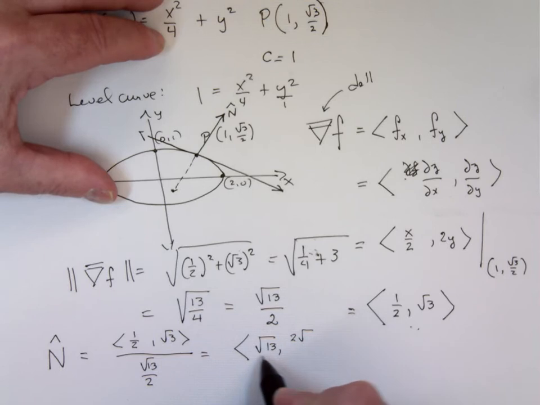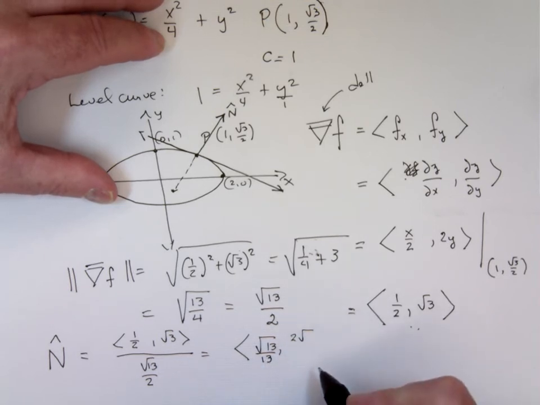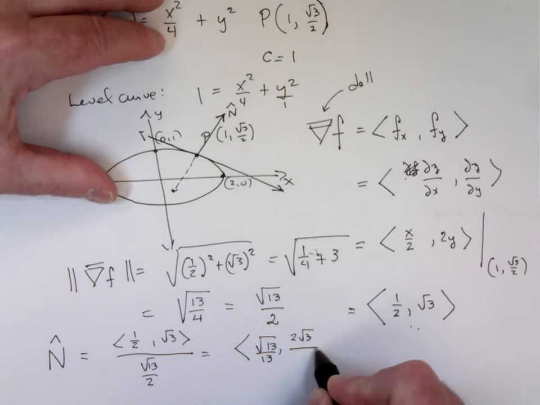And I wanted to rationalize it, so it's going to be square root of 13 over 13.